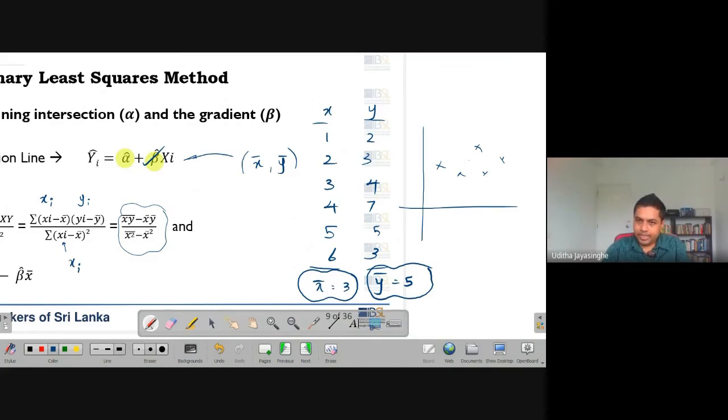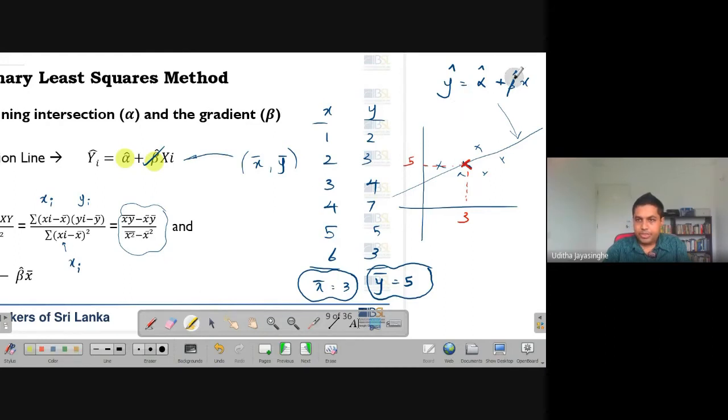But if you draw a point like this for x bar and y bar, x bar is equal to 3 and y bar is equal to 5, we are making this broad assumption that this particular line, y hat equal to alpha hat plus beta hat x, is going to go through that particular point also.